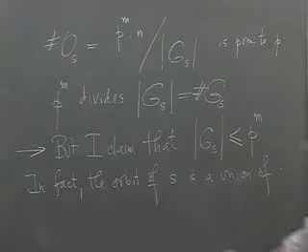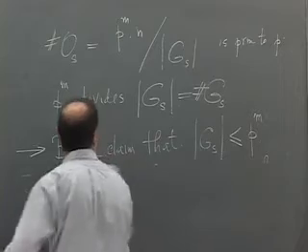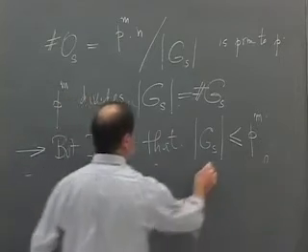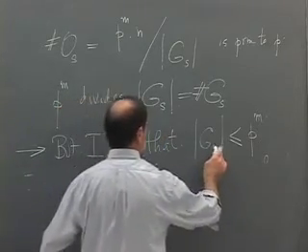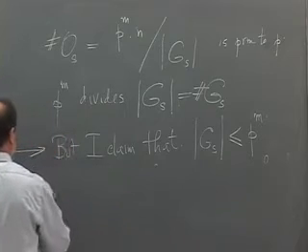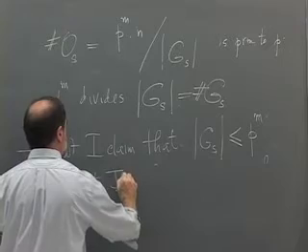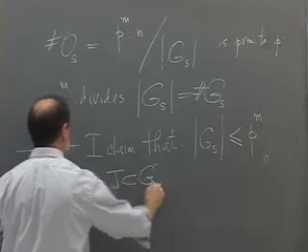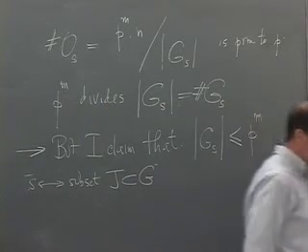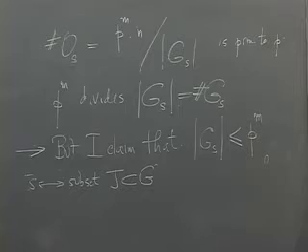This S is a subset J. So S corresponds to some subset J in G. And I have an element of the stabilizer of that subset.